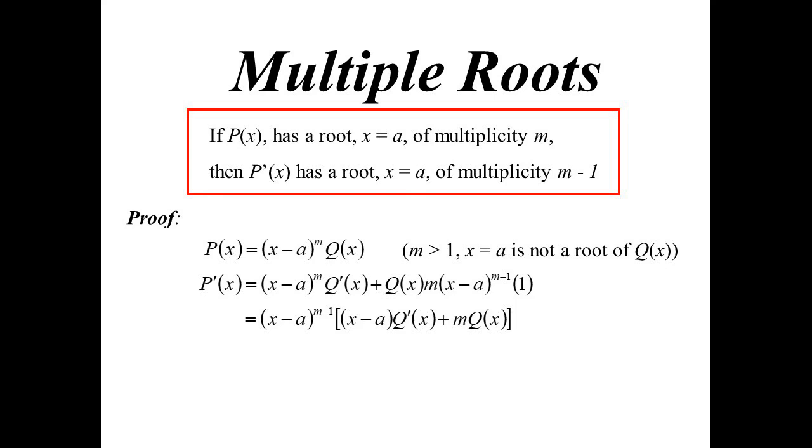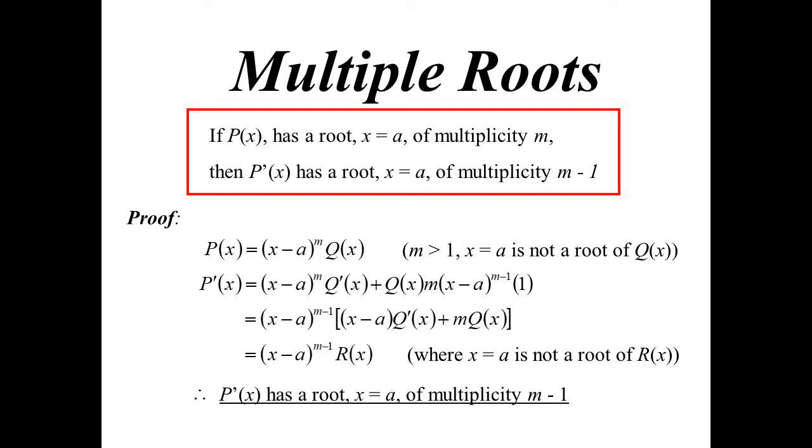So we know we could not pull out another factor of x minus a there. So we could write it as x minus a to the power of m minus 1 times some other polynomial where we know a is not a solution to that other polynomial. And so there's our proof. Therefore, the derivative has a root of x equals a, and its multiplicity is 1 less.